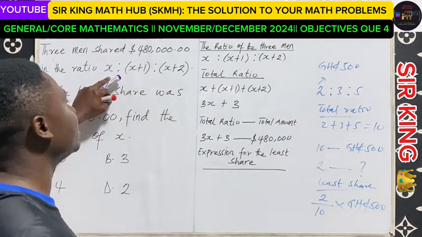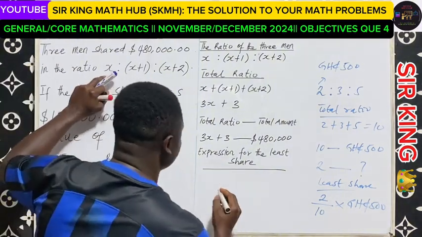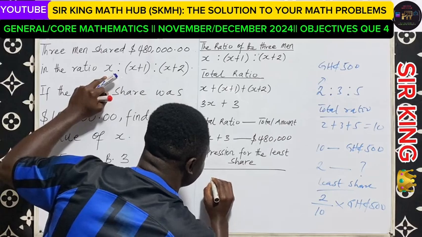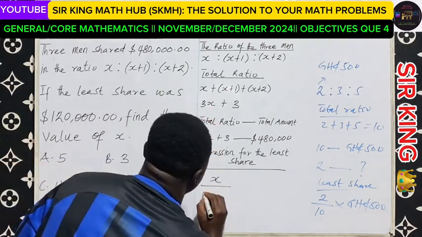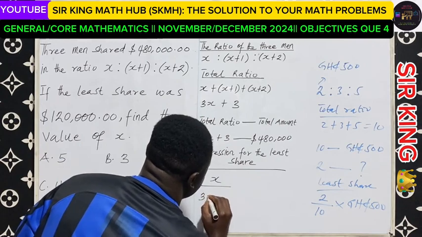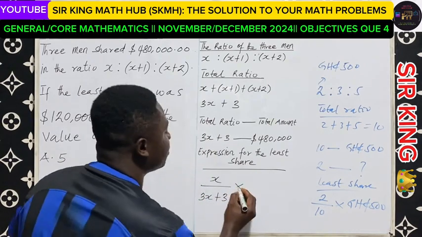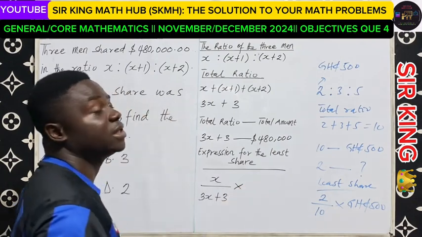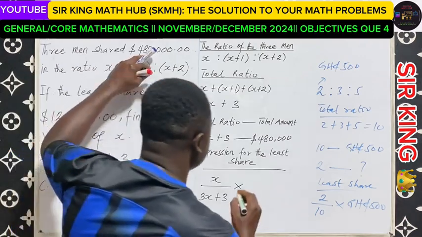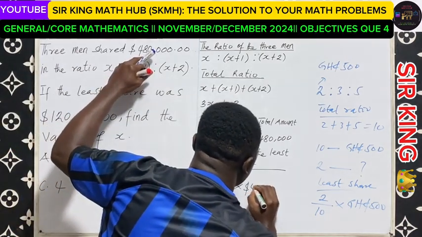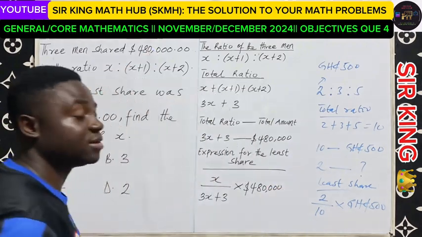So an expression for the least share will be the least ratio, which is x, divided by the total ratio, 3x plus 3, multiplied by the total amount. What is the total amount shared? The total amount here is $480,000.